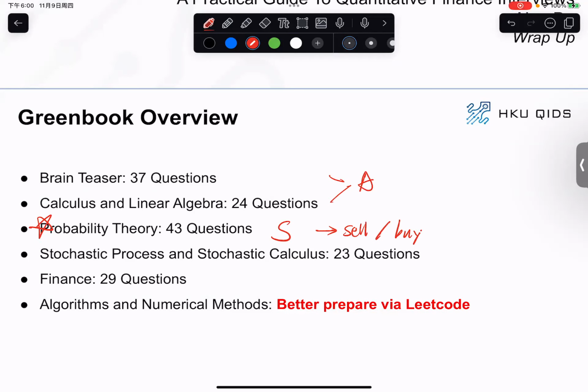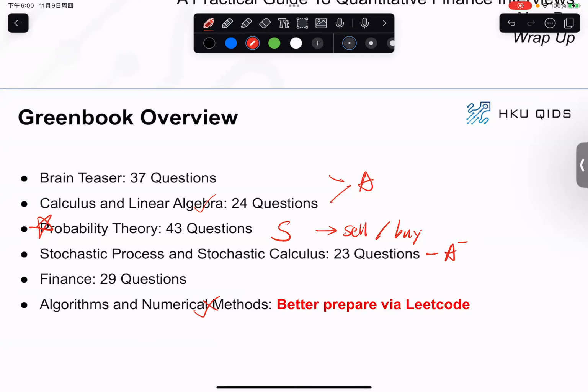If you are from a mathematics-related background, this is probably good material for review or revision, instead of picking up from scratch. For this part, I will say A minus because you probably won't encounter any of that in your buy-side interview, 99%. And for the last two chapters, you can neglect them because they're pretty old and outdated.